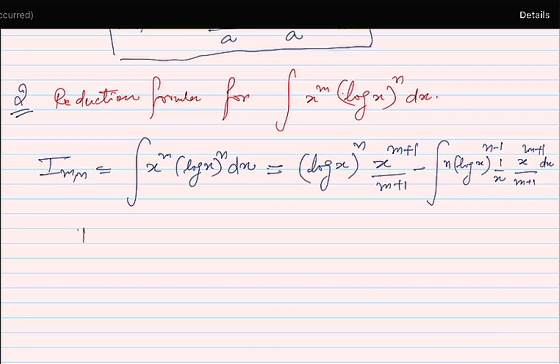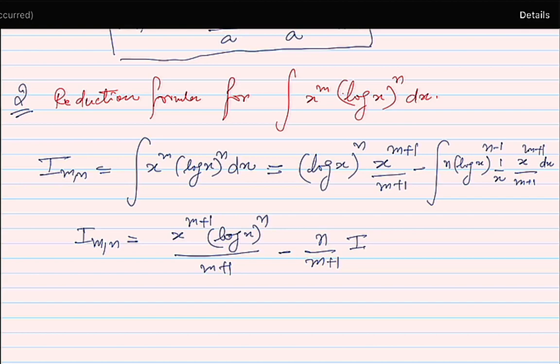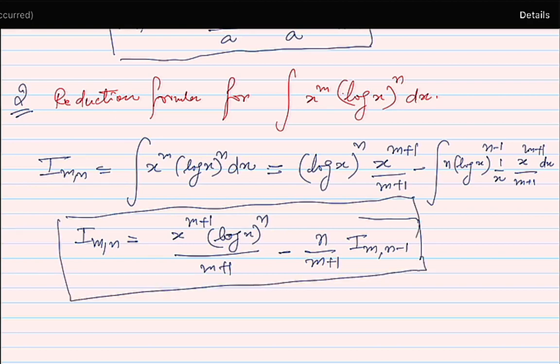Okay, so I_mn will become x raised to power m plus 1 log x raised to power n upon m plus 1. So of course you would need to remember this formula, minus n upon m plus 1, which can be taken outside, and you will get x raised to power m log x raised to power n minus 1. So you will get I_m, n minus 1. Okay, so this is the reduction formula for log integrals.